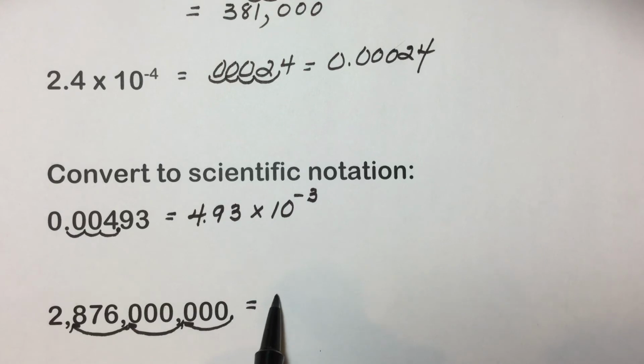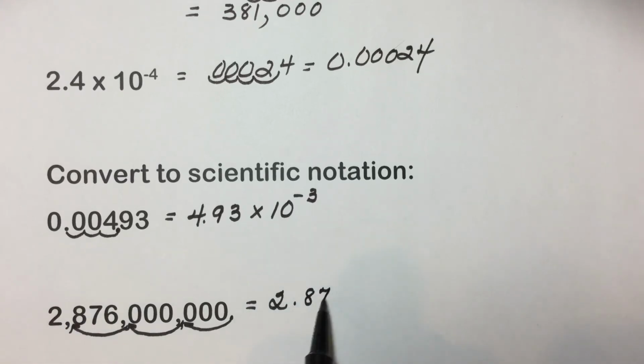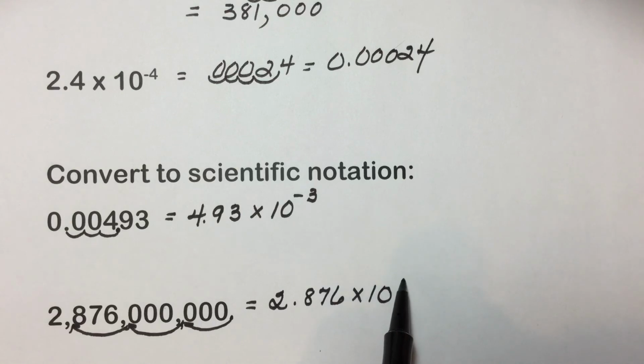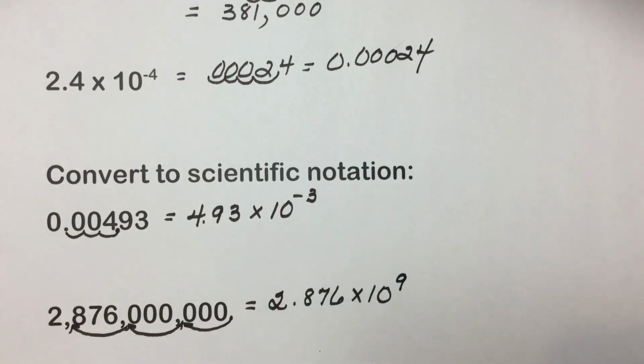And to write an equivalent then, our number in scientific notation with 1 digit non-zero to the left of the decimal of 2.876 times 10 to the number of decimal places, or powers of 10 that we moved that decimal point, which was 9, to give us an equivalent expression in scientific notation.